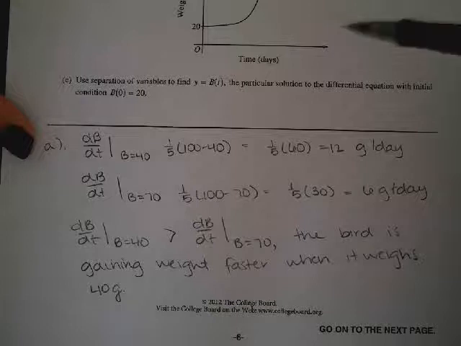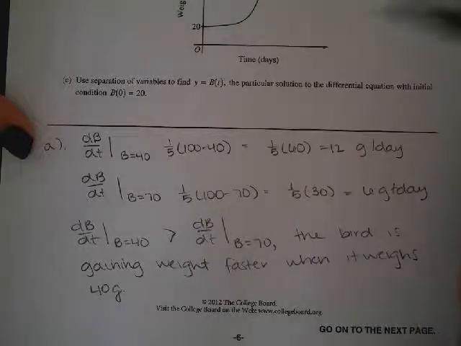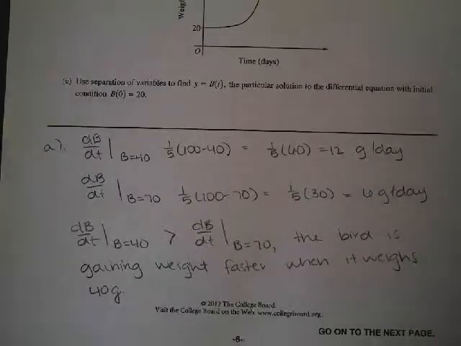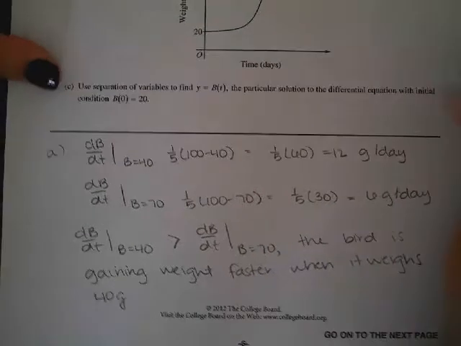They want us to find the second derivative, which gives us the concavity, and then use that to explain if this graph is okay or not. So I'm going to do the work up here.